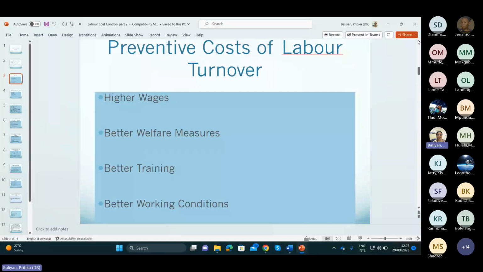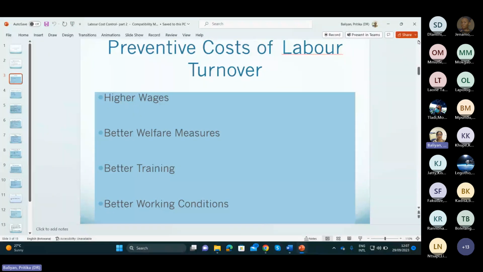They would like to move to other organizations who are paying better salary or wages. So if the organization considers an appropriate level of wages or salary, or if they can afford higher, then it can prevent the business from the cost of labor turnover.